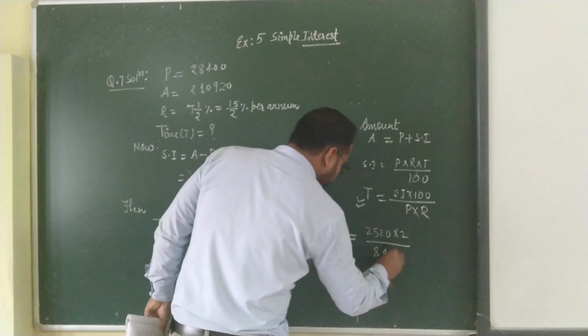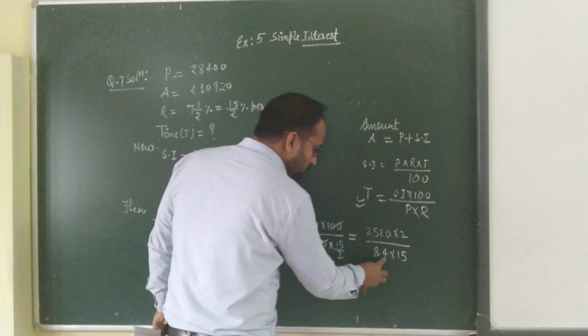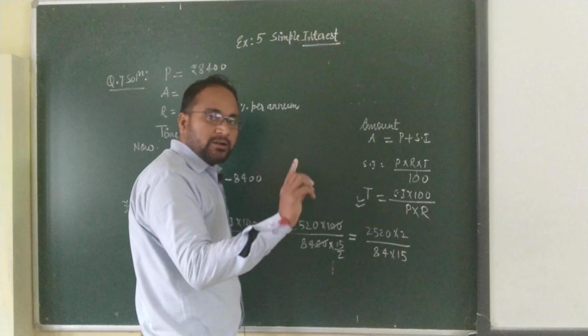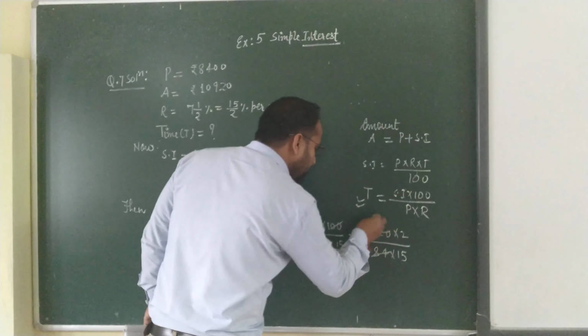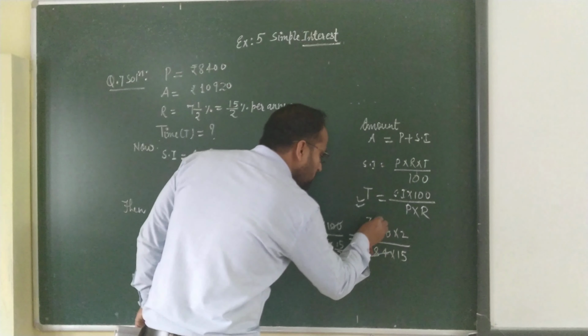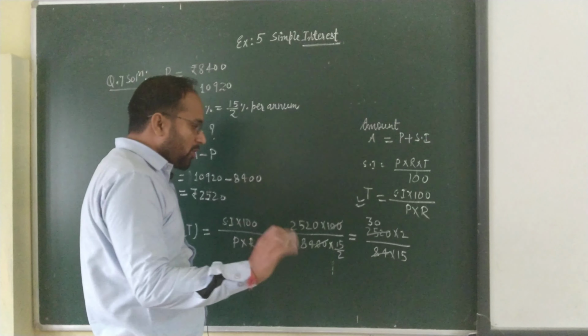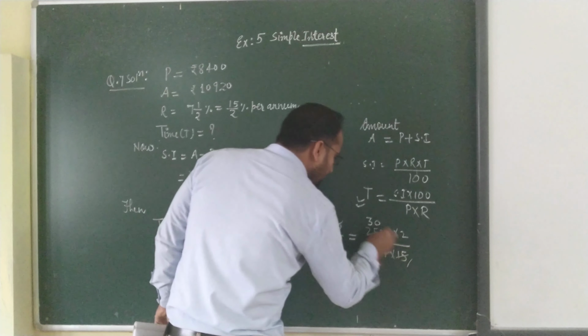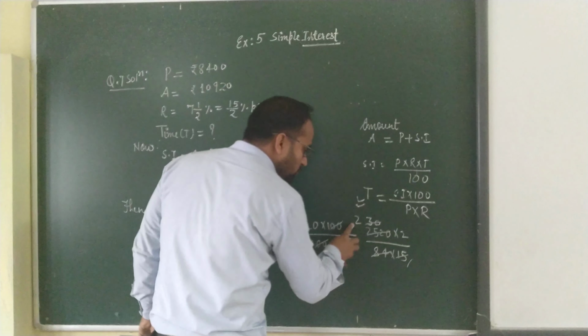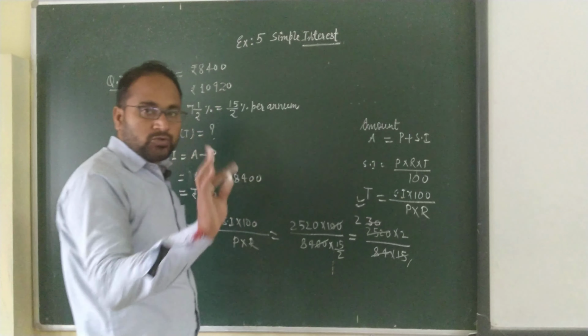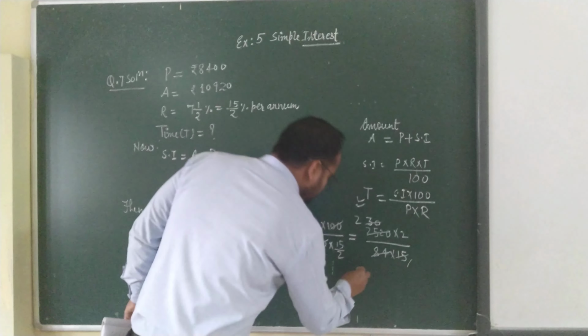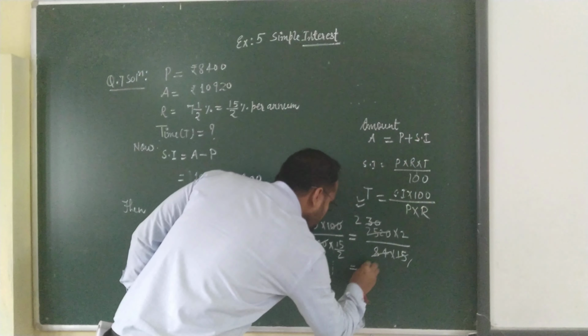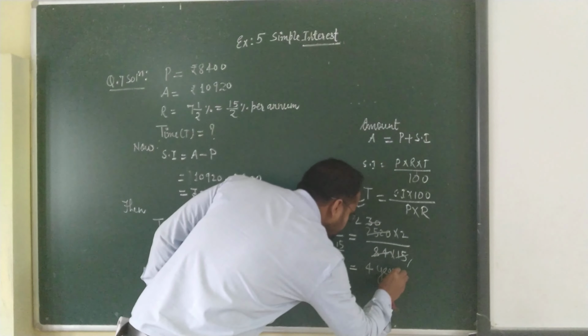See this one: 3 times 84, 3 fours are 12, 1 carry, 8 threes are 24, 1 carry makes 25, so it is cancelled out by 3 times 252 and 0, so you write this 0, students. Any problem? You know that 15 ones are 15 and 15 twos are 30. So 2 is remaining, and in the denominator nothing, so 2 twos are 4. 4 years is the answer.